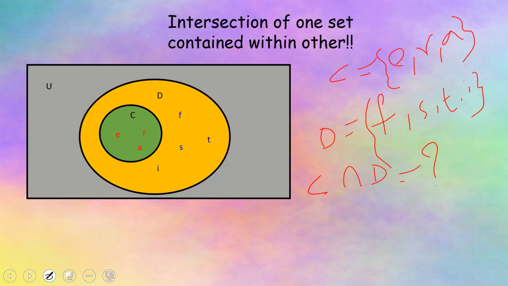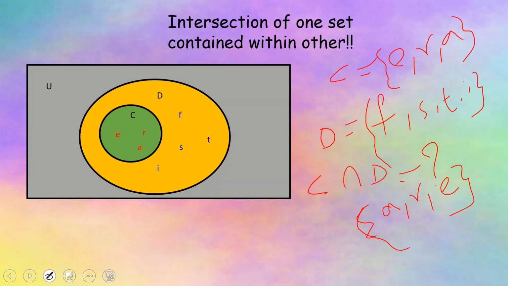C is contained within the set D. So C is a subset of D, and all the elements that are in C are also in D. So the intersection of this will be A, R, E. The intersection of C and D will be A, R, E, which is equal to the set C.